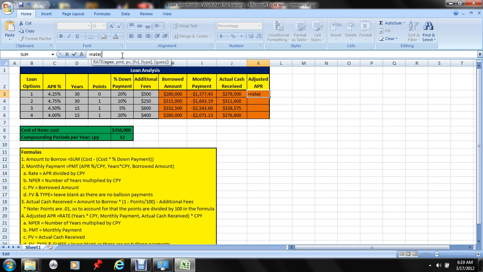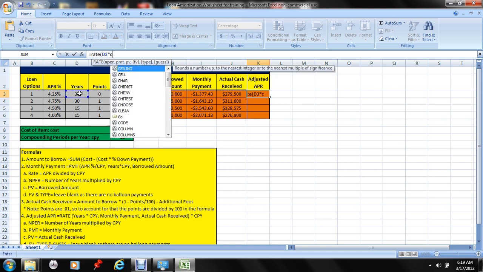But we will use the MPR, which, as defined below, you'll see is the number of years multiplied by CPY, the compounding periods per year. So the number of years, go ahead and click on 30, and multiplied by the compounding periods per year, so times CPY.